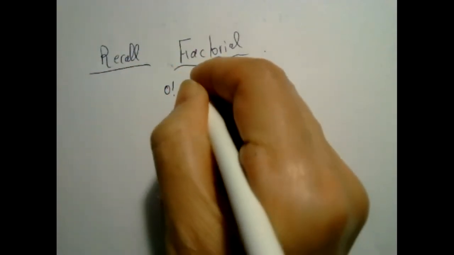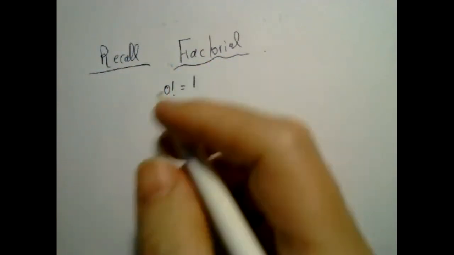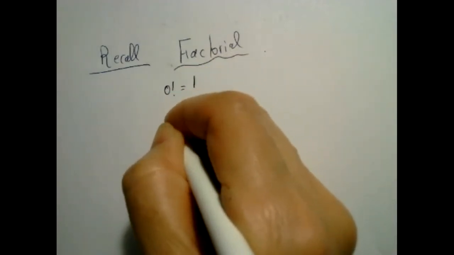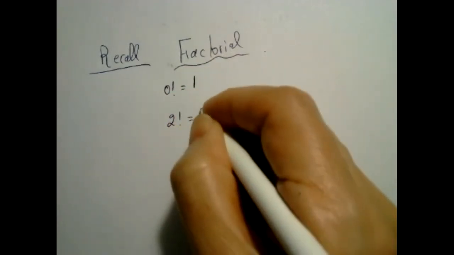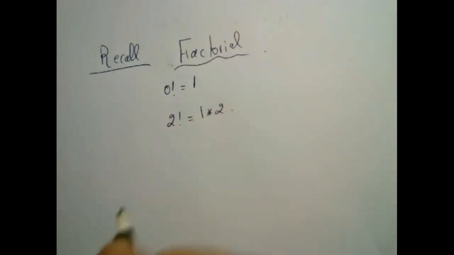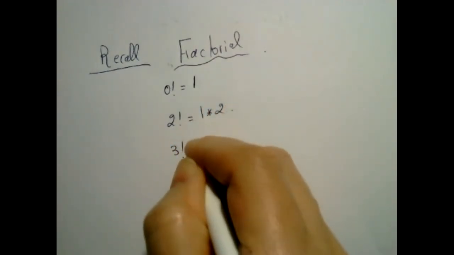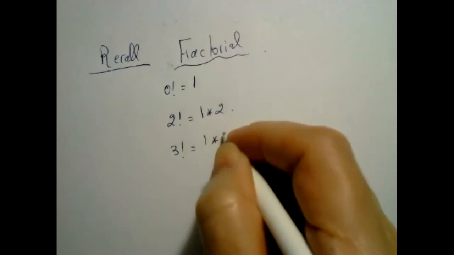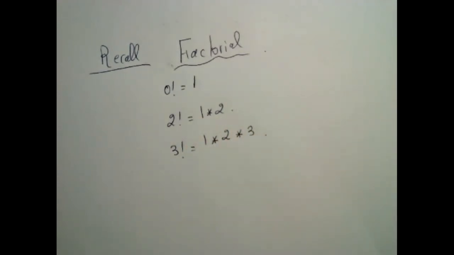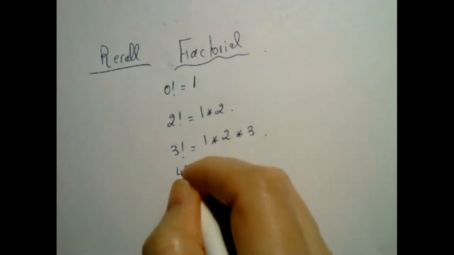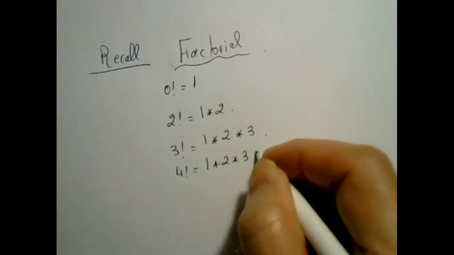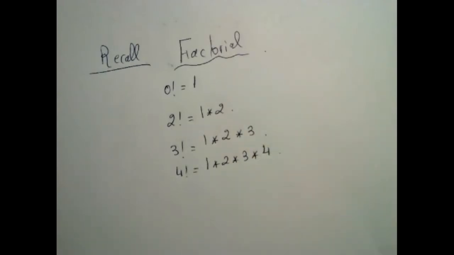0 factorial is by definition 1. 2 factorial is 1 times 2. 3 factorial is 1 times 2 times 3. Then 4 factorial is 1 times 2 times 3 times 4.